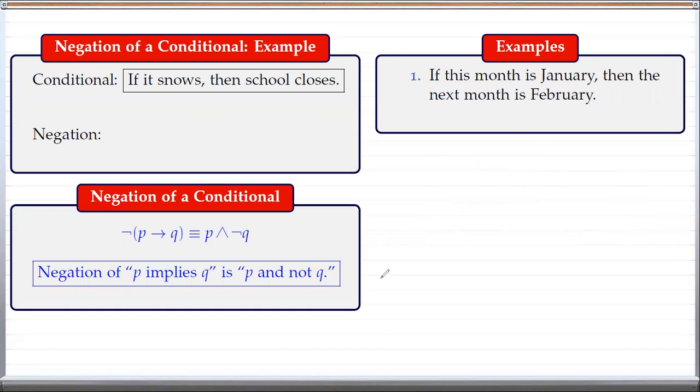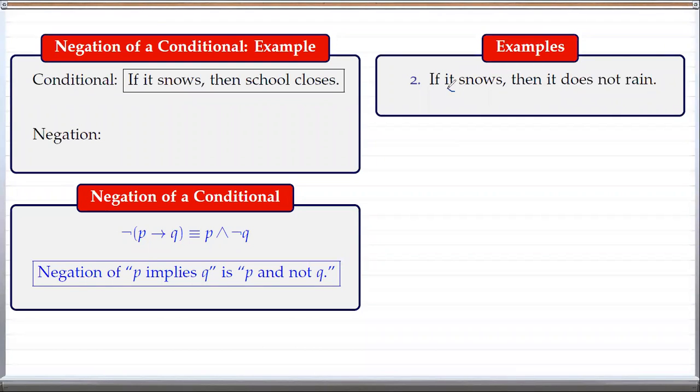Let's look at the next example. Here we have if it snows, then it does not rain. So denoting it snows by S, and it rains by R, this is not R. If we let S be it snows and R be it rains, then we are given that S implies not R. So we want to find the negation.